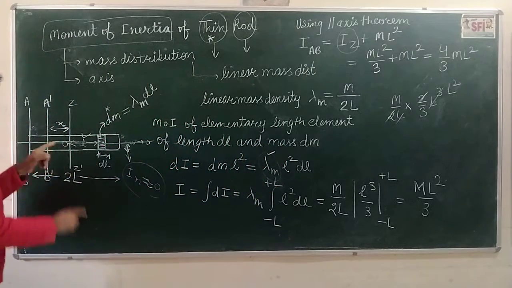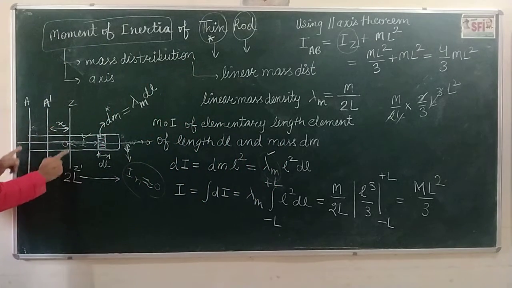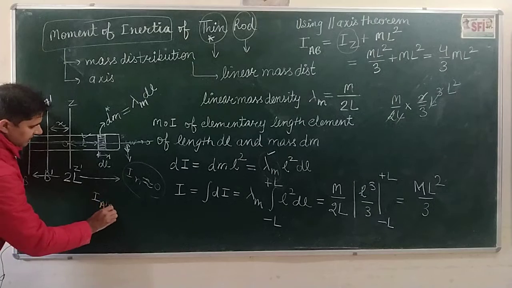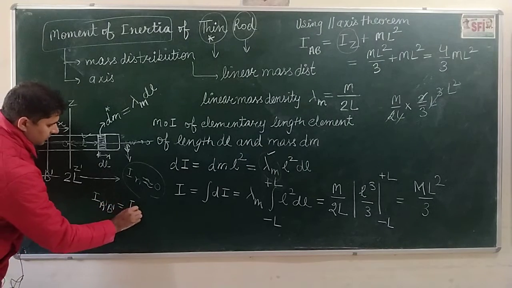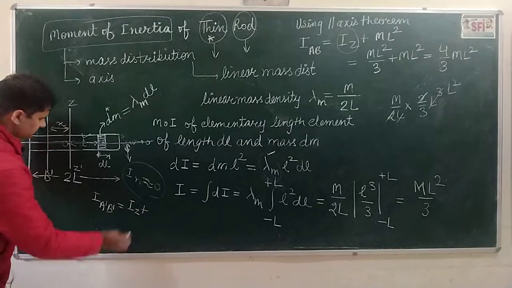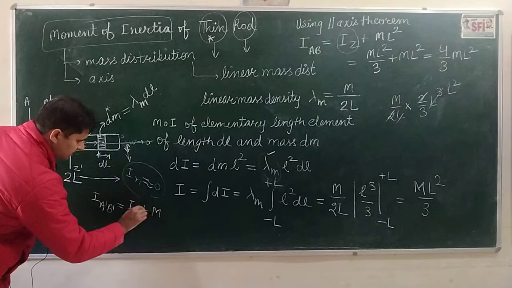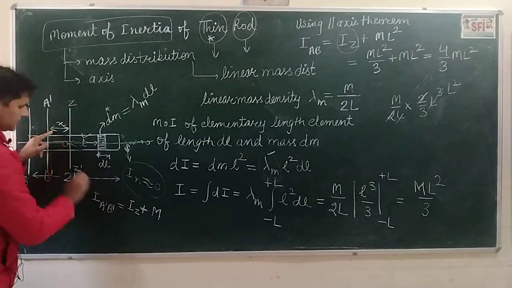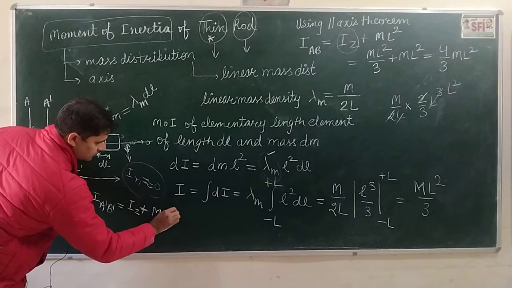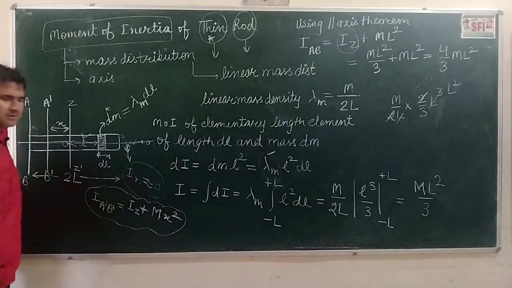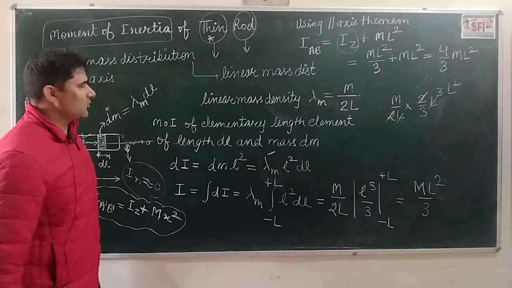In that case, this distance will be x instead of capital L. So the moment of inertia about a dash b dash will be the moment of inertia about the z axis plus the product of the total mass of the rod and the square of this distance, that is x square. So class, this is how you can find the moment of inertia of a thin rod.